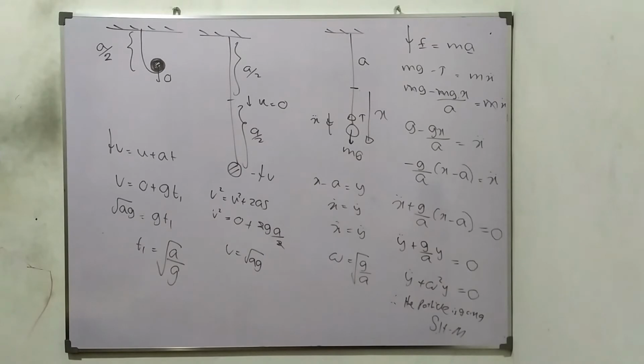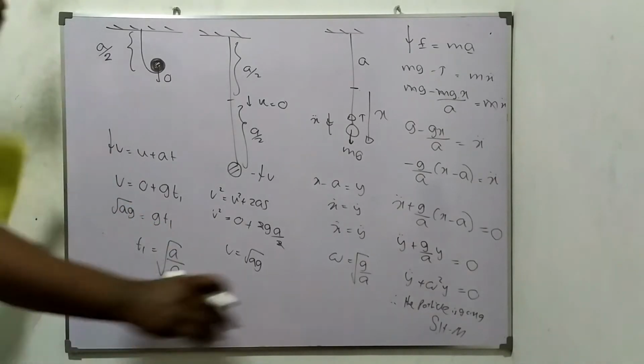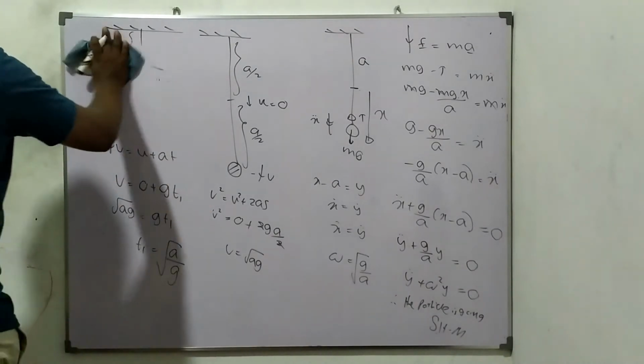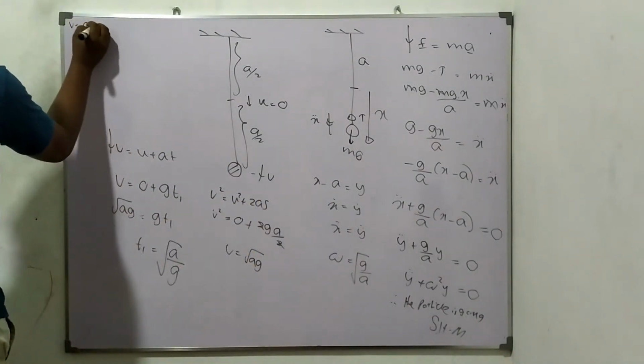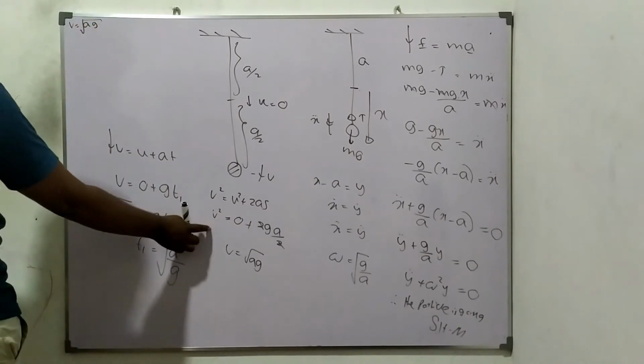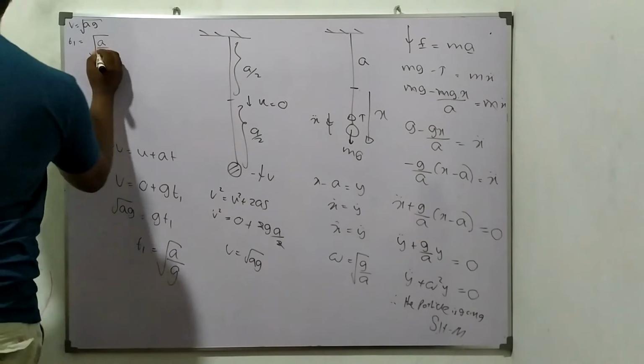Alright, so by the way, we need to calculate the amplitude, and we have to find the center and so on, so these times taken and the velocities are required. So I put it here: v equals root ag, and the time t1 is root a over g.